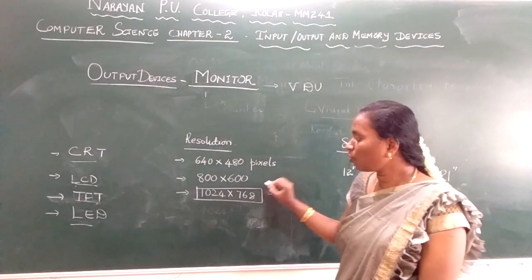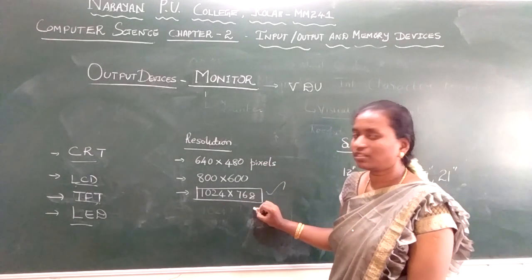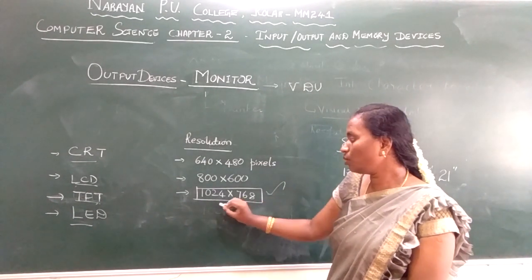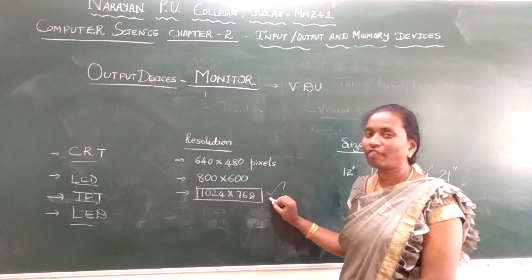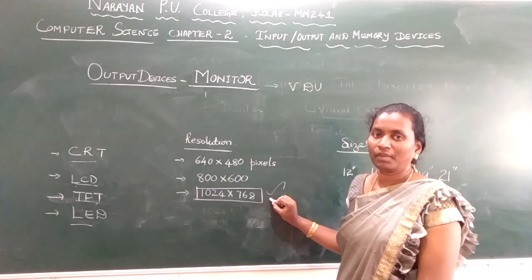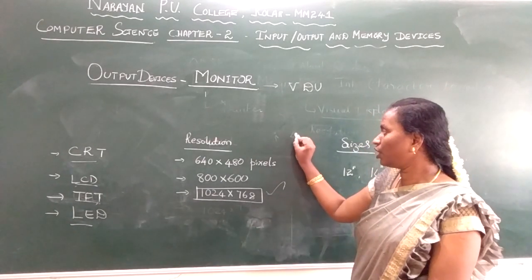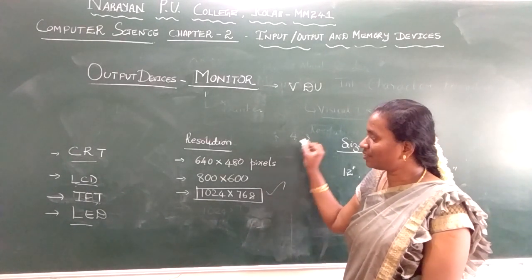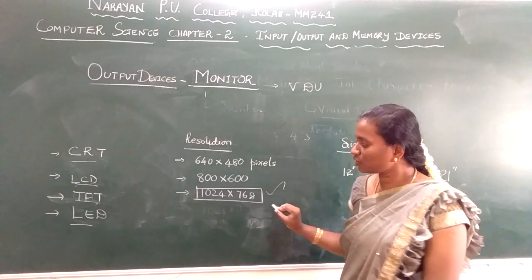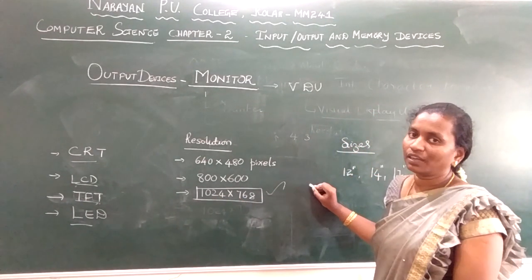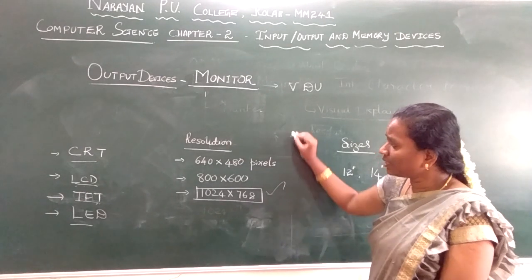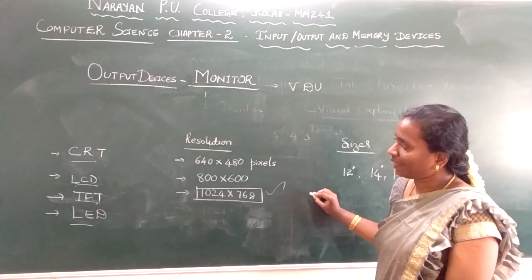Because as the number of pixels increases, the resolution increases. I told you the aspect ratio is 4:3, whereas the standard resolution is 1024 into 768 pixels. This is about the resolution and the pixel.